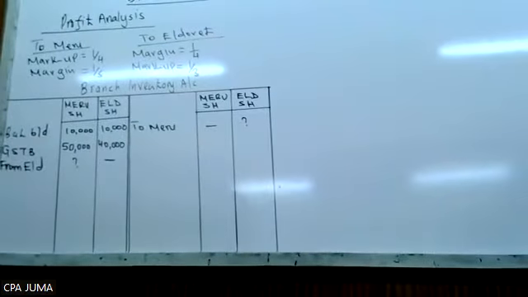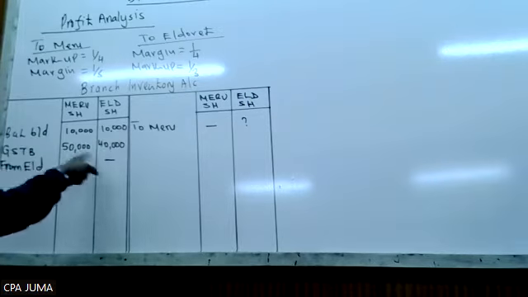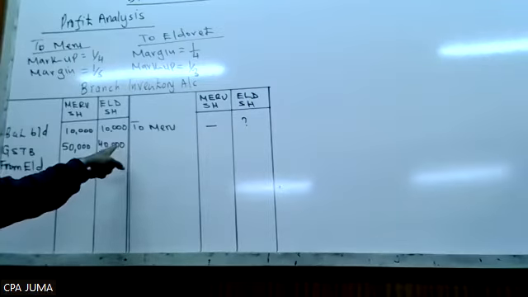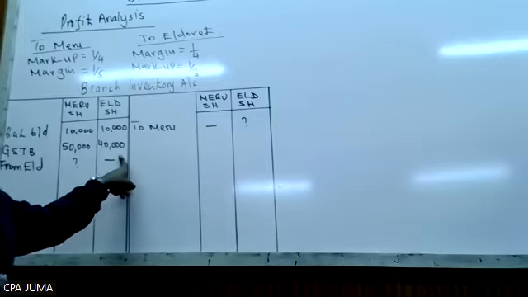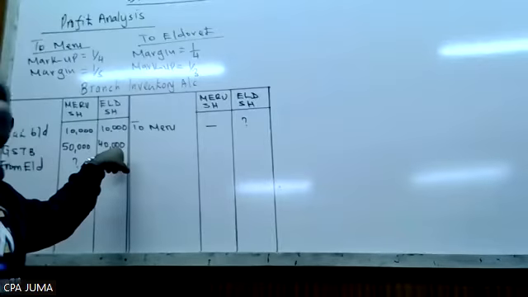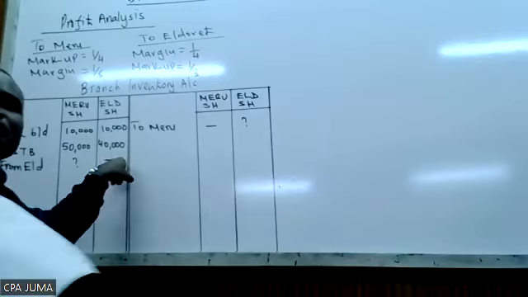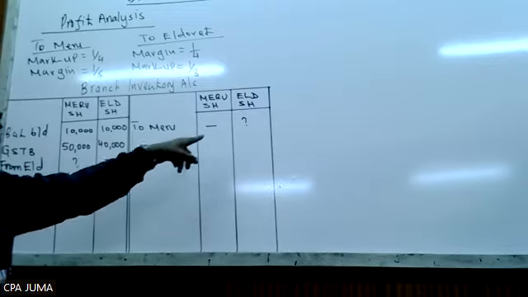They are supposed to be removed from Eldoret. When you are removing from Eldoret, you are removing the goods which are here. But in your mind, you know that these goods were not recorded here at cost. They must be recorded at cost plus markup. So when you are removing, you don't remove the cost.